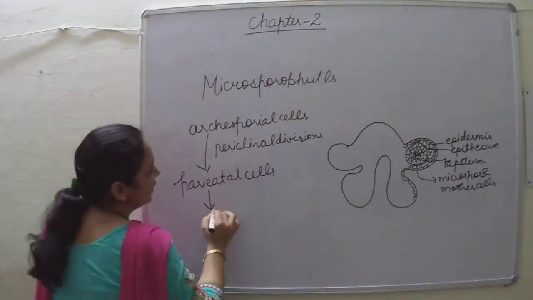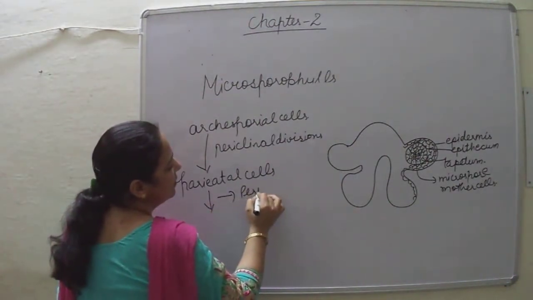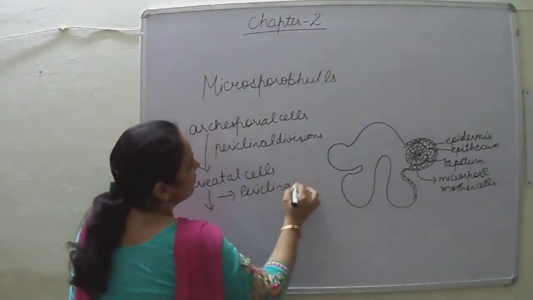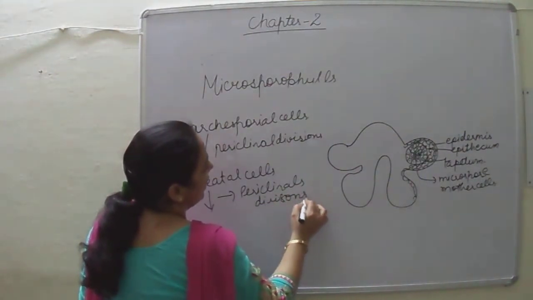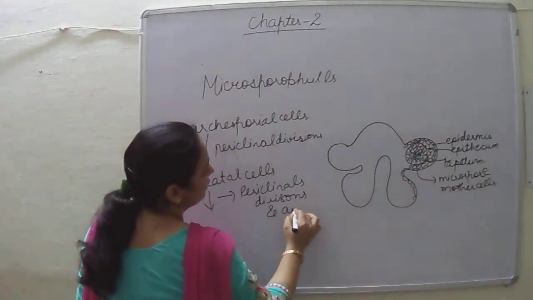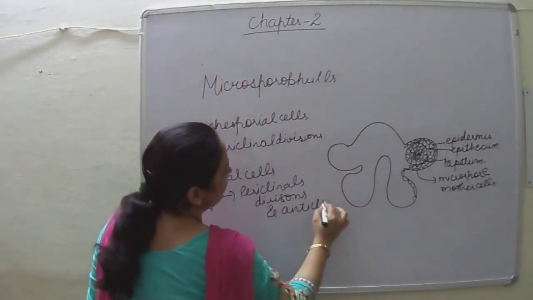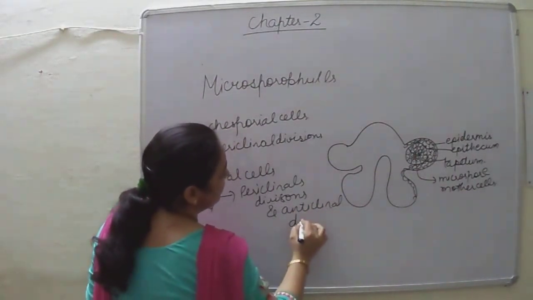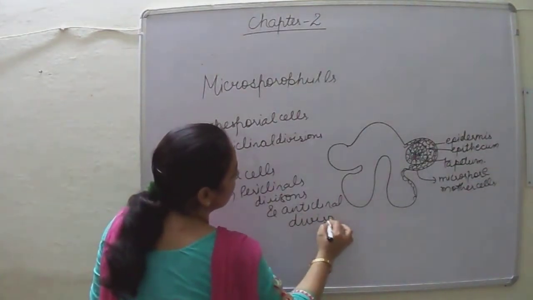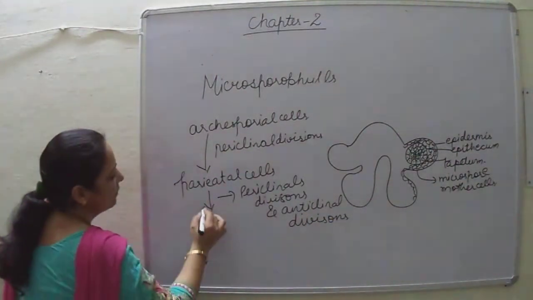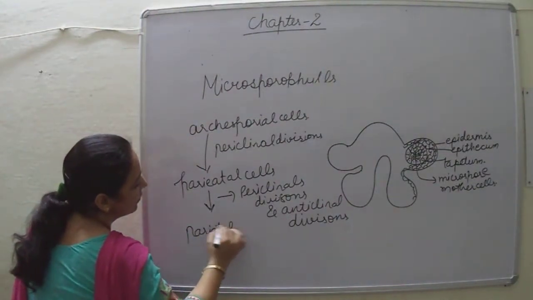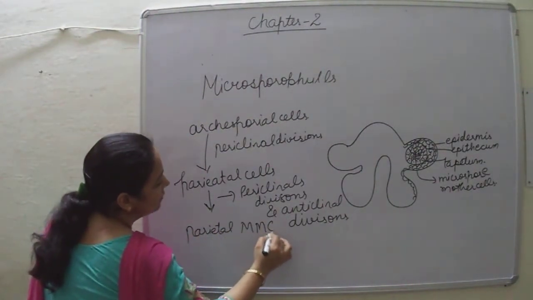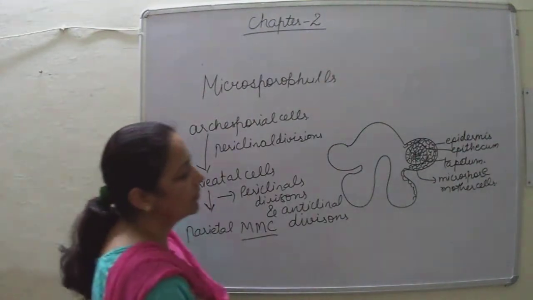Again, these parietal cells divide by periclinal divisions and anticlinal divisions and give rise to the microspore mother cells, or we can say MMC.